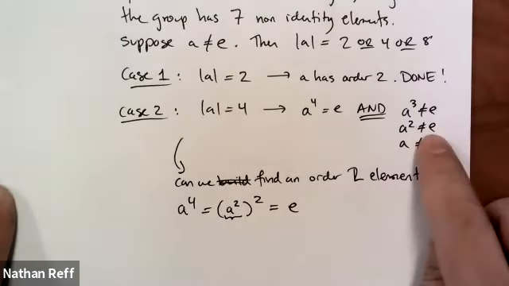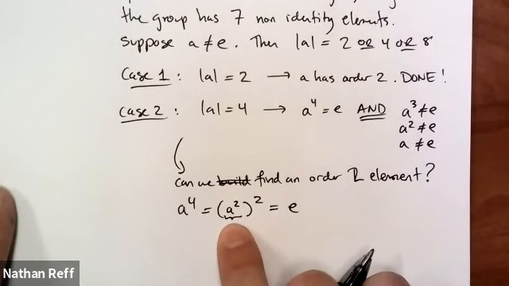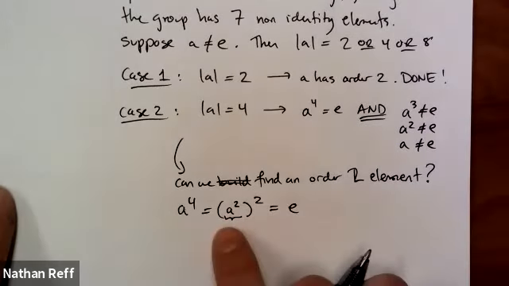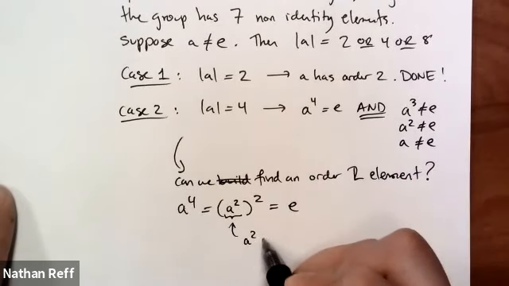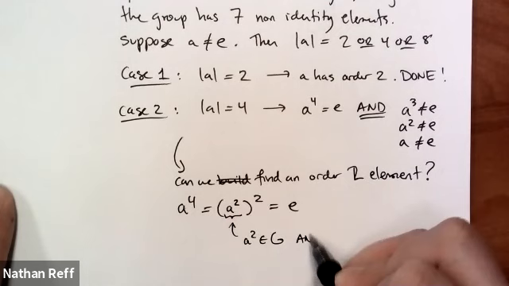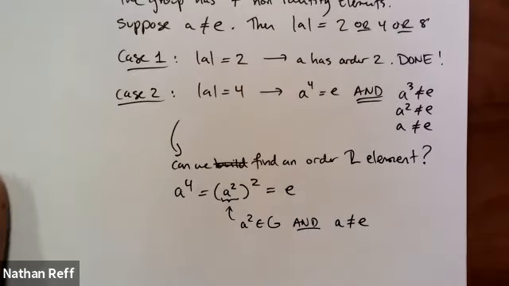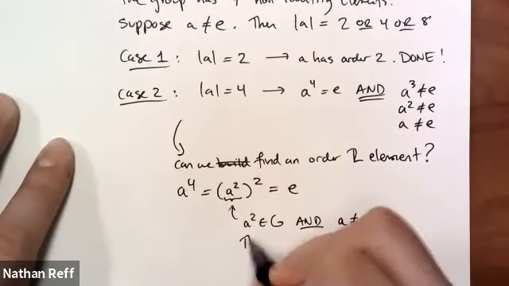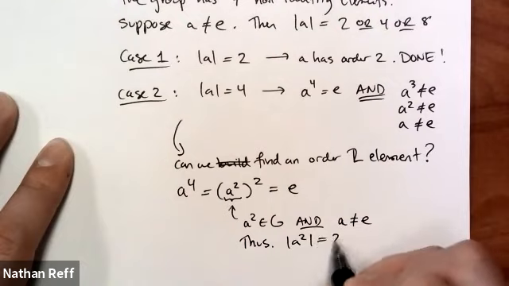We actually know that it is not the identity, right? So that is an element of the group, and its square is E, and A is not E. So check this out. A squared is in the group, and A is not E. Do we agree with that? Thus, we can conclude that the order of A squared is 2. See that?